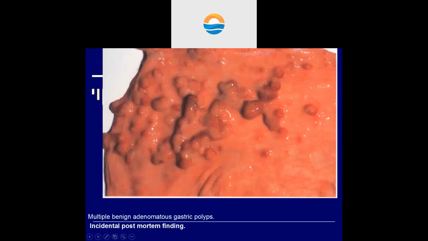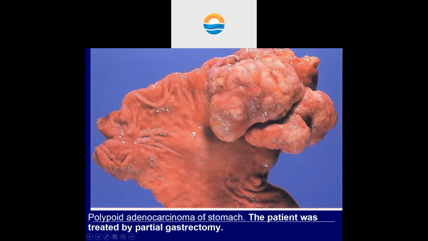Here you see also a stomach gross specimen, the mucosa. You see multiple benign edematous gastric polyps. And here, this particular gross specimen was an incidental postmortem finding: polypoid adenocarcinoma of the stomach. The patient was treated by partial gastrectomy.